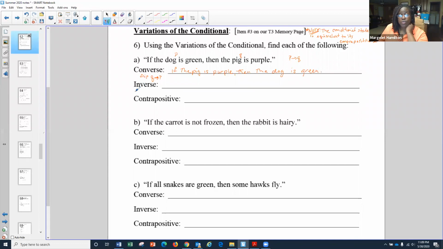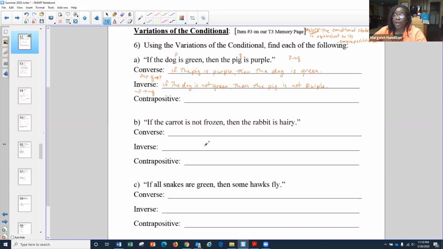So we're going to write negation P implies negation Q. All right, so now we have negation P. So if the dog is not green, then the pig is not purple. And there's our inverse.